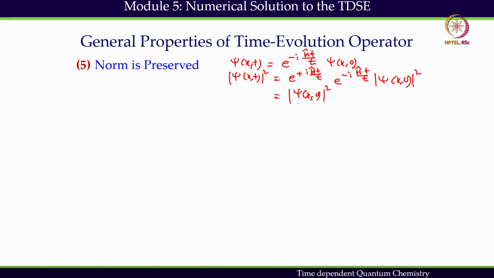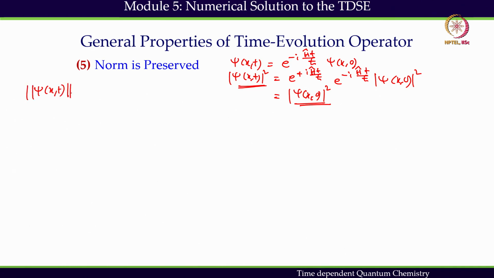So, what we see is that at t equals 0 its norm, and at any arbitrary time t during the time evolution, its norm is going to be equal. So, that is why we can say this is norm preserving. We can explicitly prove it as follows.